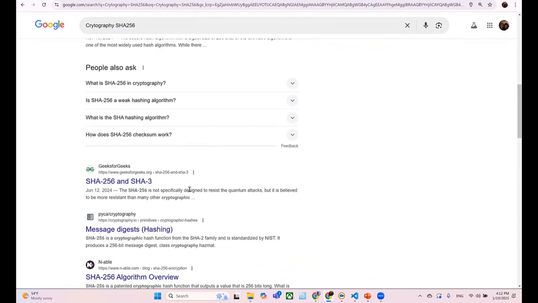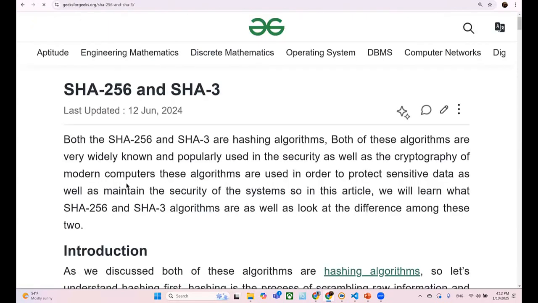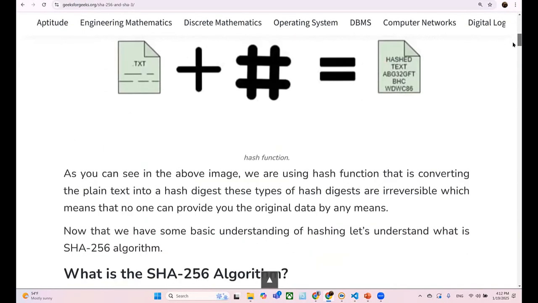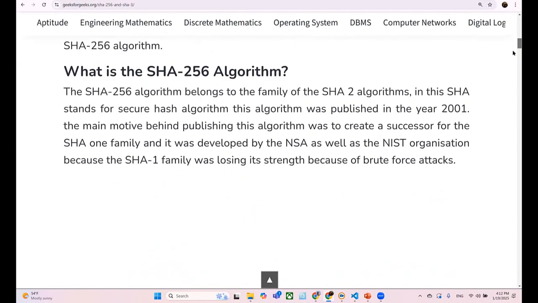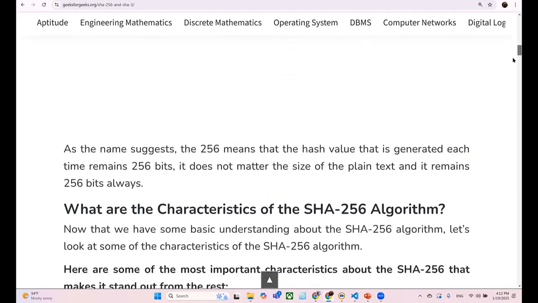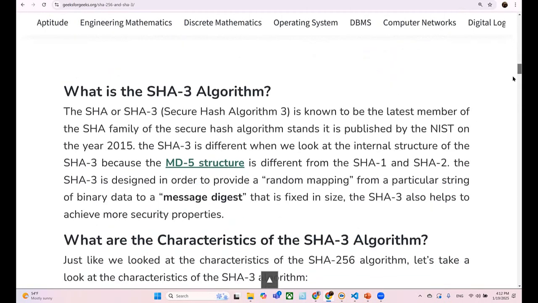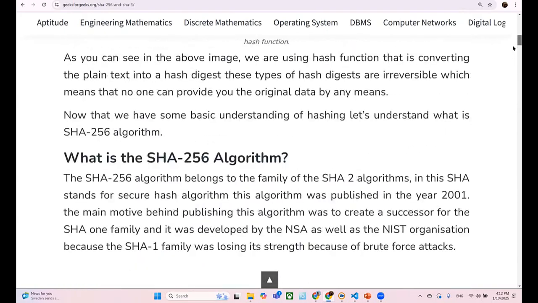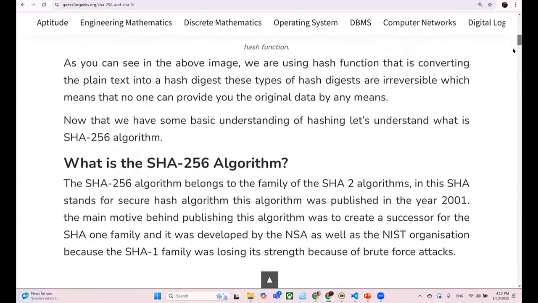Let's look at this one. This one tells you this algorithm is based on what number is being used for the hash table and used for computer cryptography, for the banking, for many banking.